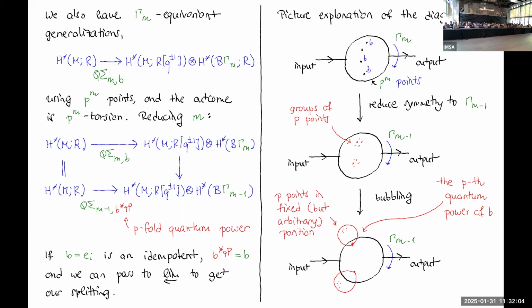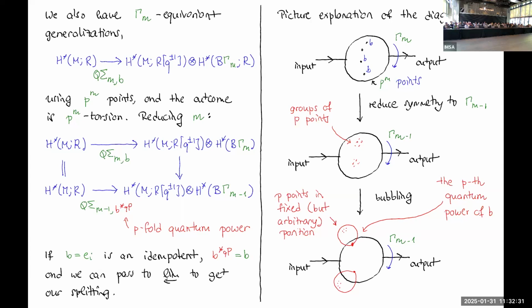Here is the quantum Steenrod operation, where m is the degree of equivariance, corresponding to Gamma_m, with some class B. So this has the cohomology of the classifying space of Gamma_m. Now I have the map induced by inclusion of groups, so it reduces the symmetry to Gamma_{m-1}.